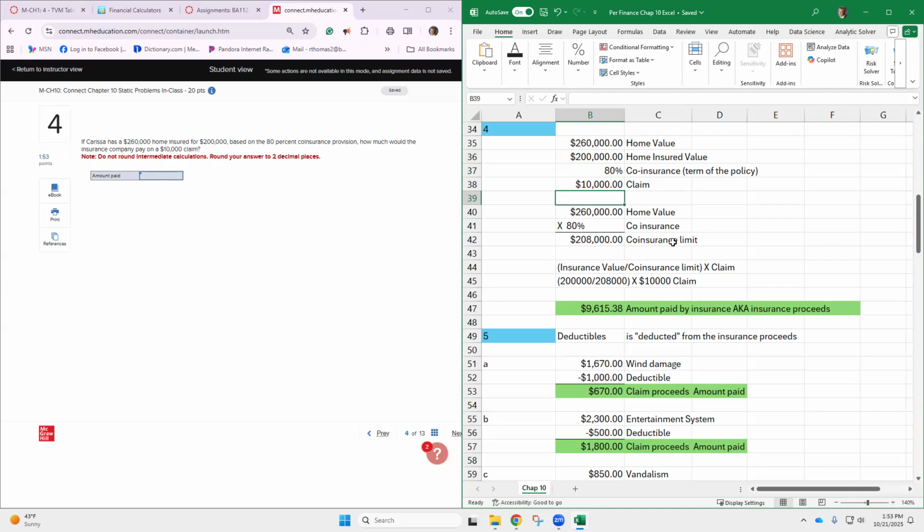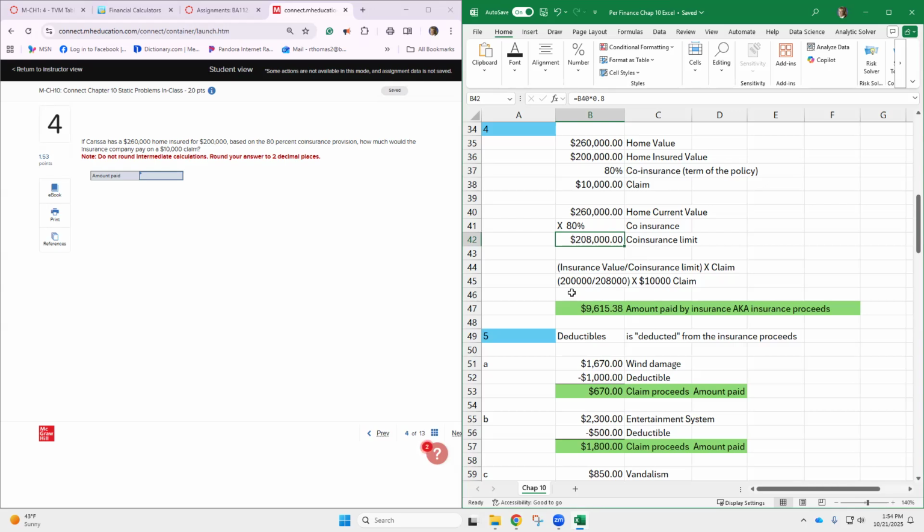The first thing we need to know is what is 80% of the current home value? That's the co-insurance limit, the amount that the insurance policy will pay, 80% of the home value.